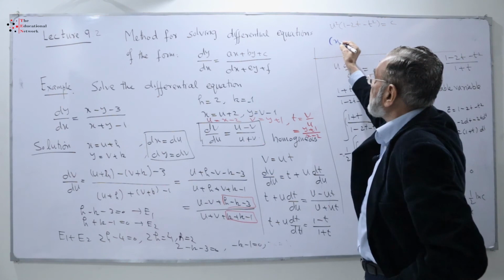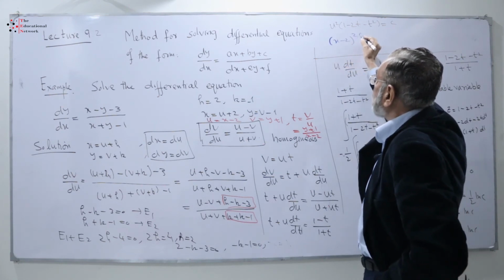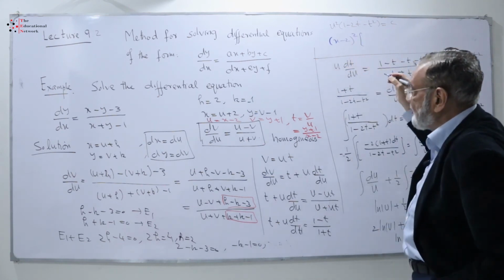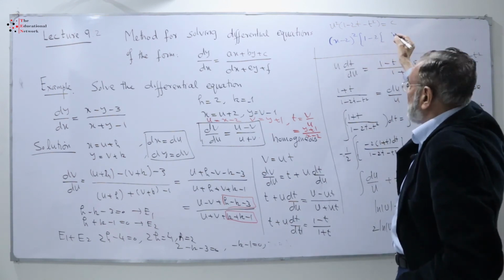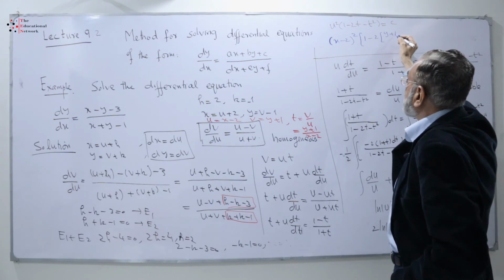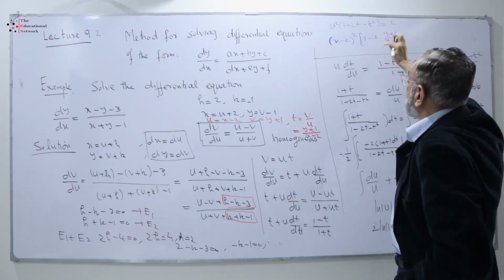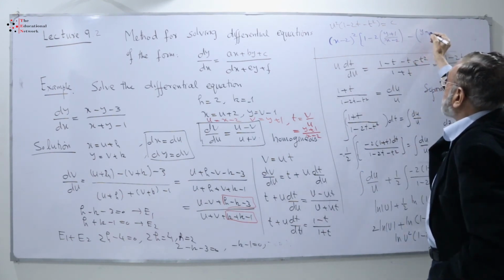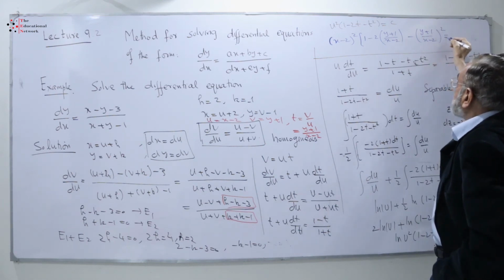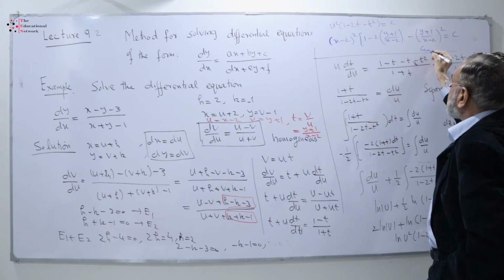So we get x minus 2 whole square, into 1 minus 2 times t, which is y plus 1 over x minus 2, minus t square, where t square is y plus 1 over x minus 2 whole square, is equal to c. This is my general solution.